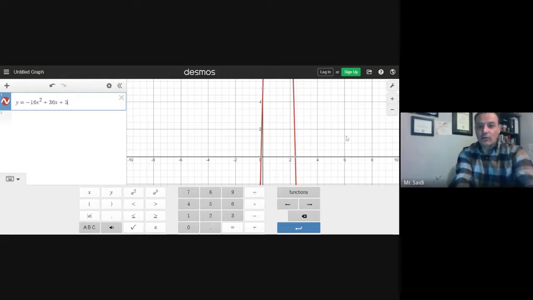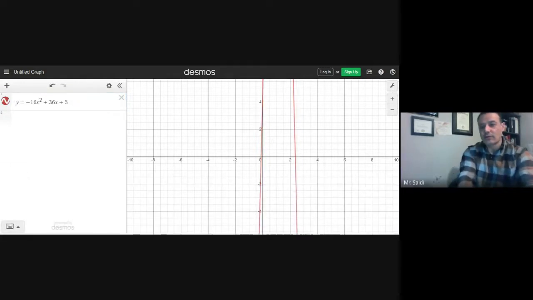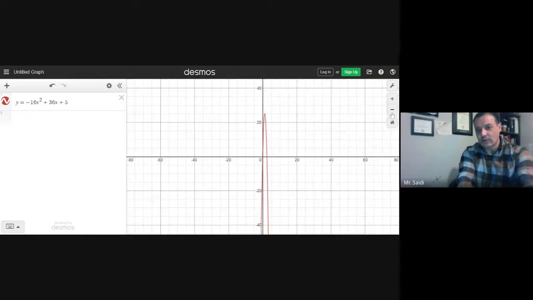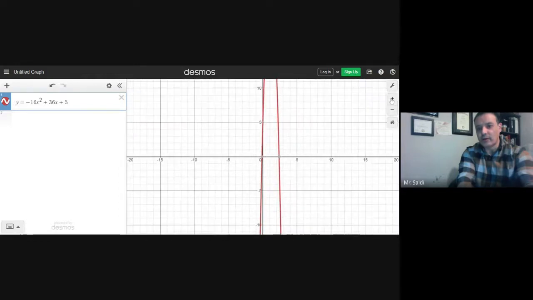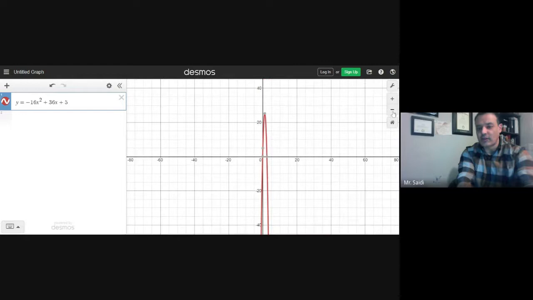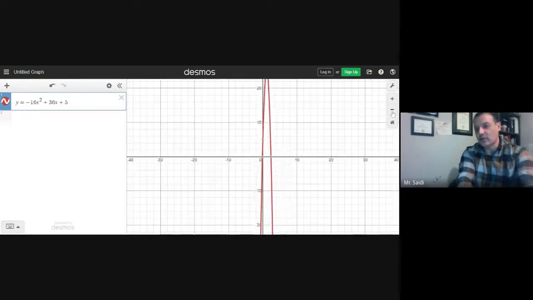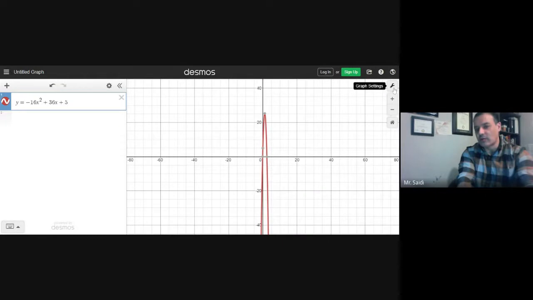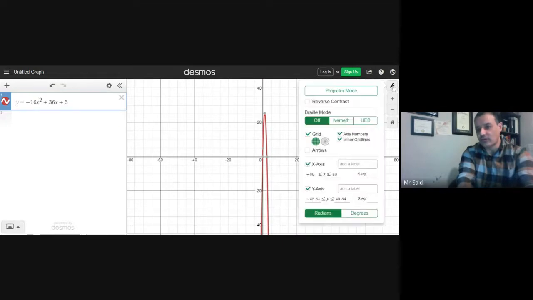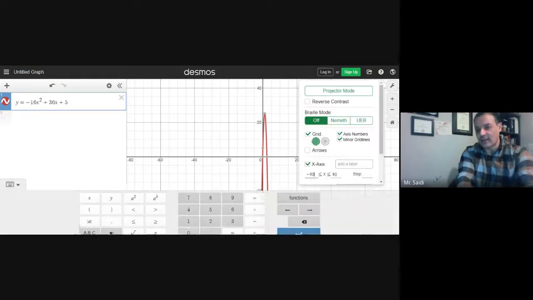Once you graph it, you can zoom in and out to get a better picture. You can see the main points, and when you click on it, Desmos gives you the main points, or you can zoom in to get a better picture. Make sure that you zoom in and out. Do not assume that it's a straight line. If you want a really good picture, you click on the wrench and change the x-axis.